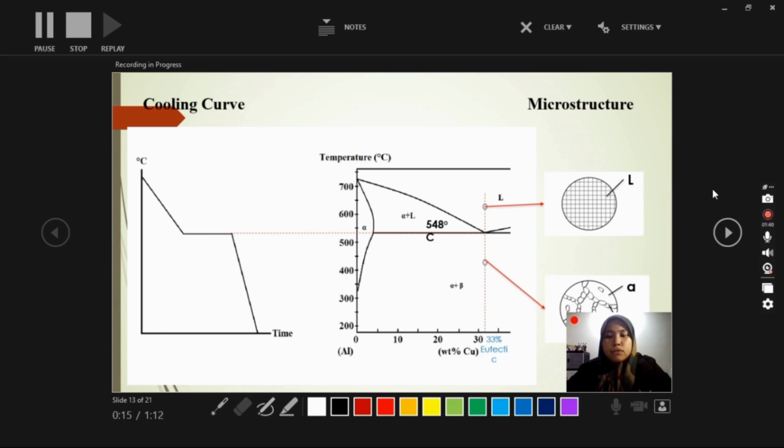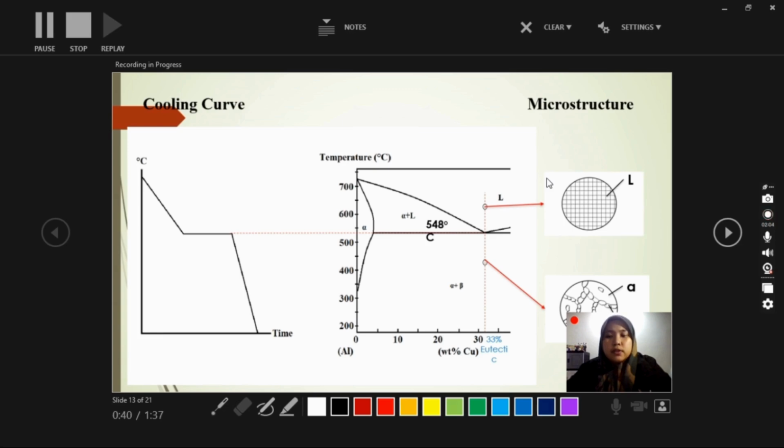The resulting cooling curve shows two stages of solidification, with a section of reduced gradient where a single phase is solidifying and a plateau where the eutectic is solidifying.